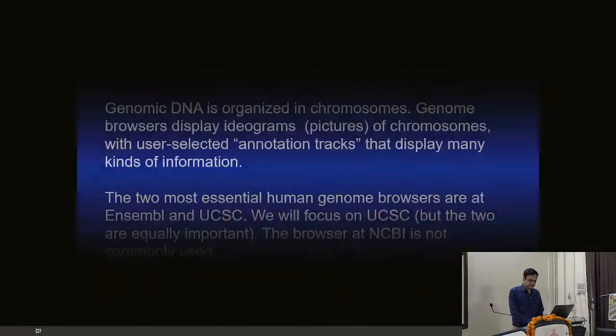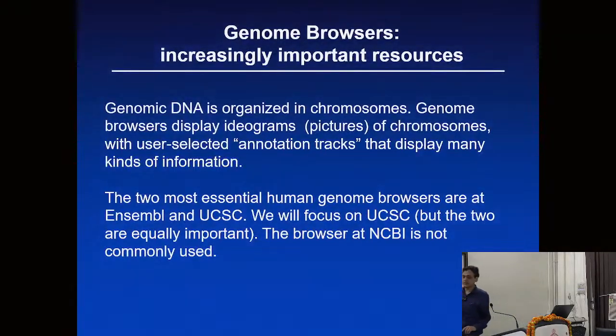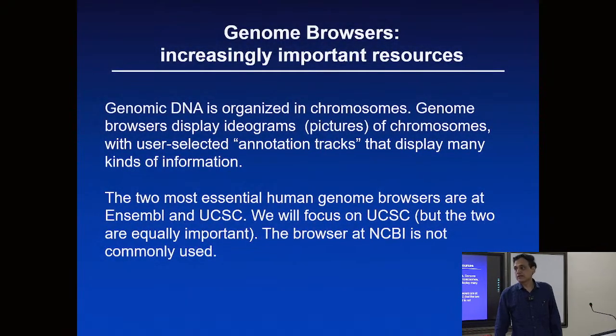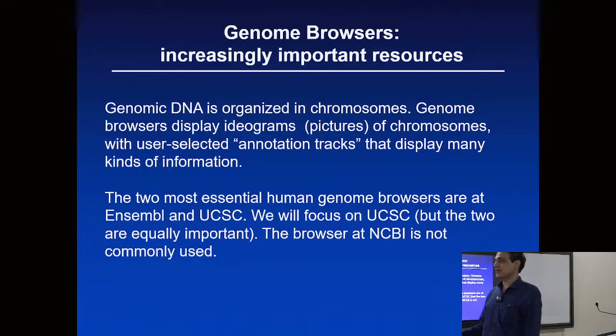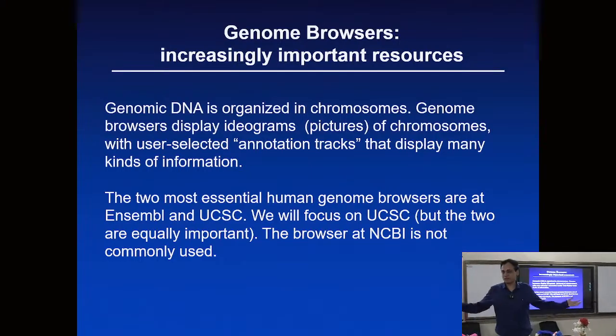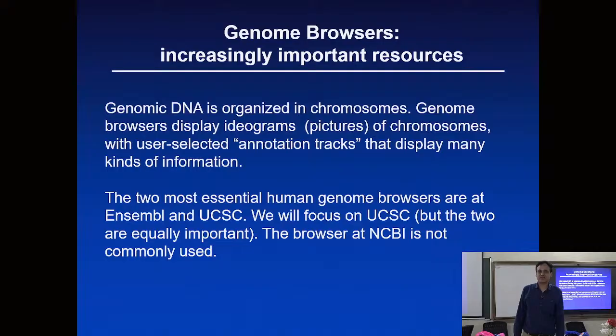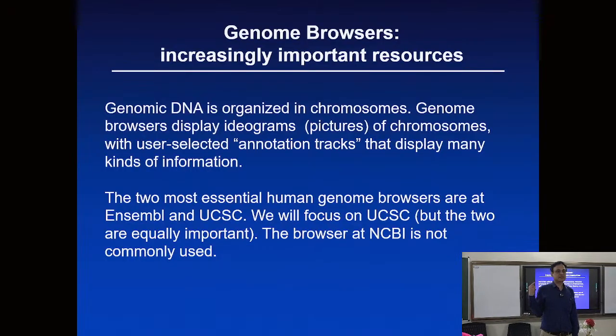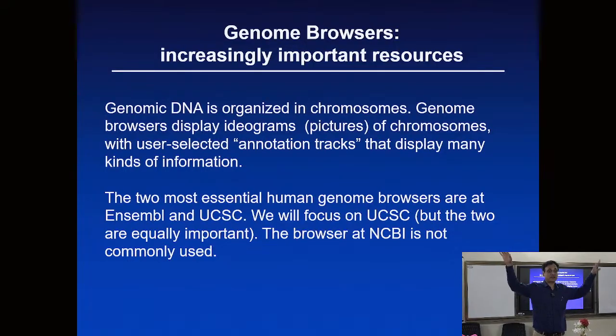Okay, so you learned about how to access the genomic data or proteomic data or biomolecular data, different types of omic data. But now we are going to discuss genome browsers. Genomes, as you know, could be quite long. For example, the human genome is over 3 billion nucleotides, 10 to the power 9, too many.